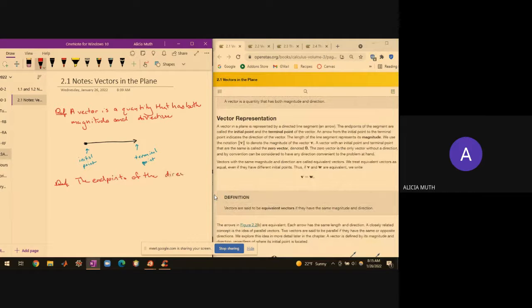Directed line segment, called the initial point and the terminal point of the vector. Vector, initial point, terminal point.